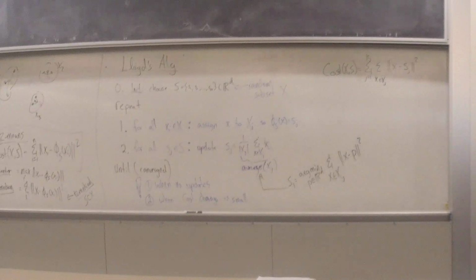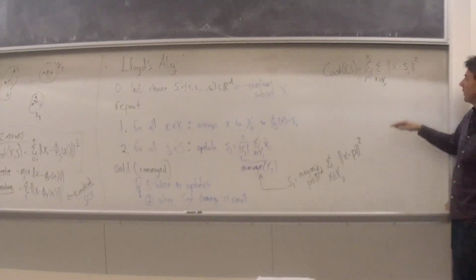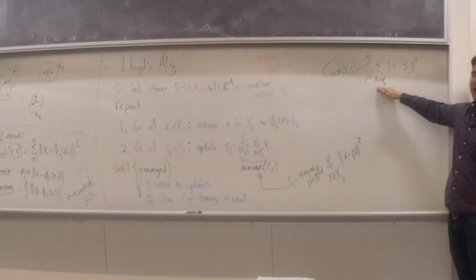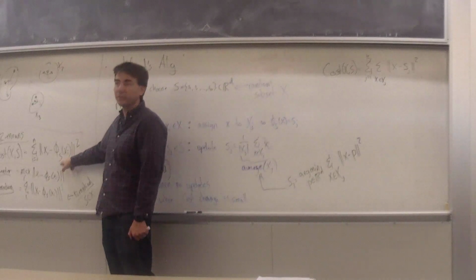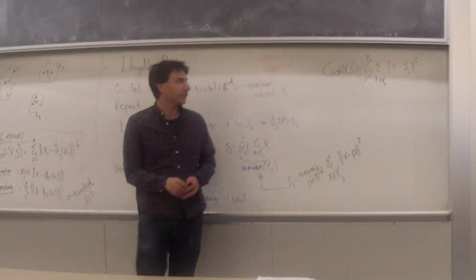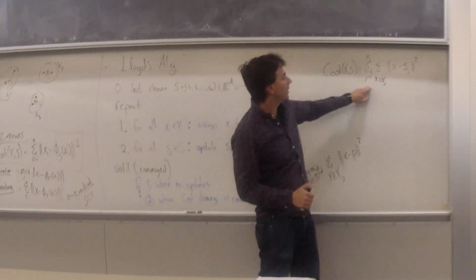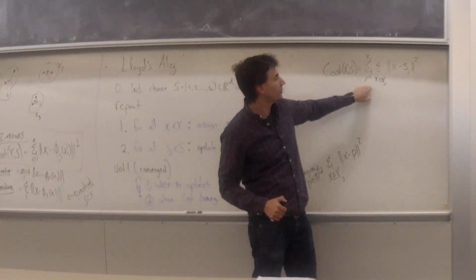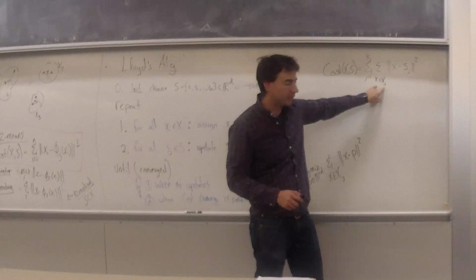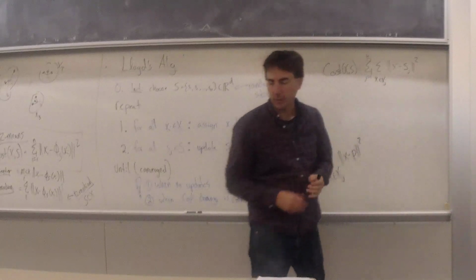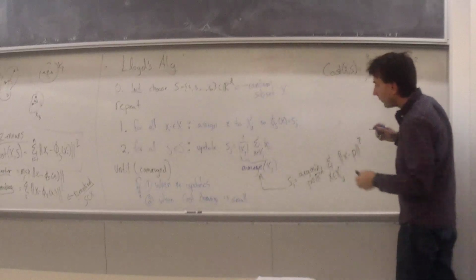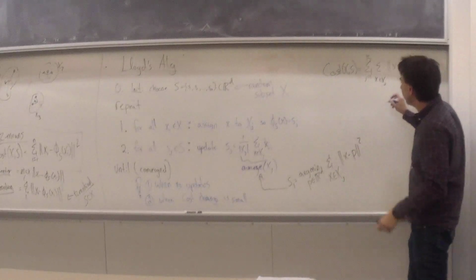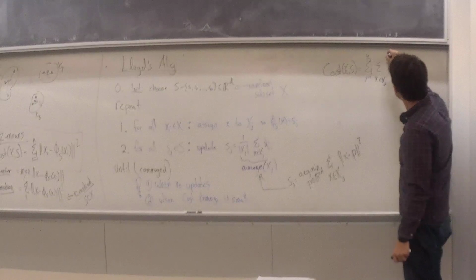I've just rewritten the cost function in that I've not explicitly assigned the point to the closest center here. I've just said I have some assignment. I'm going to sum over these points, and for each assignment, I measure the distance to its center.